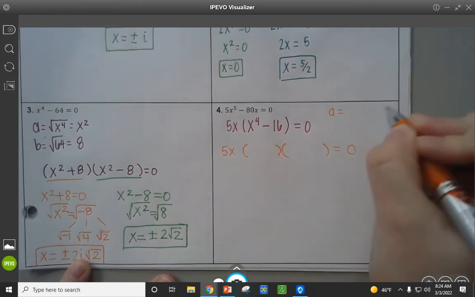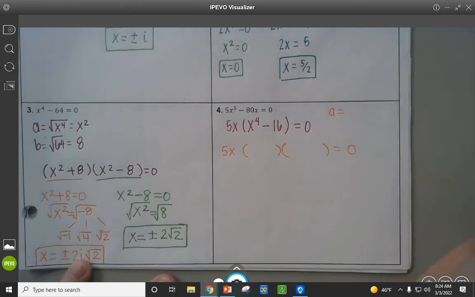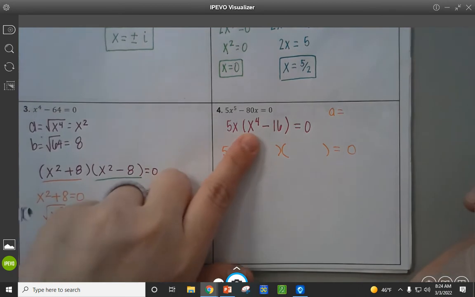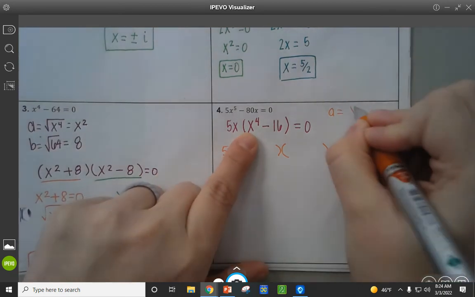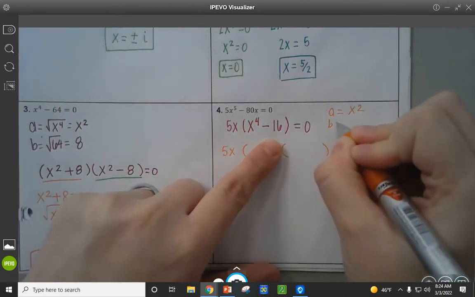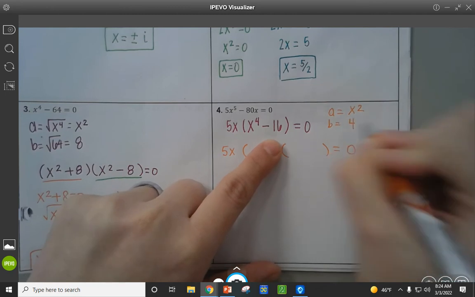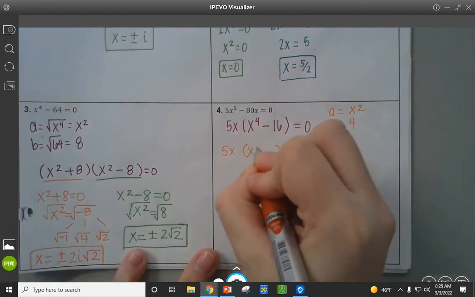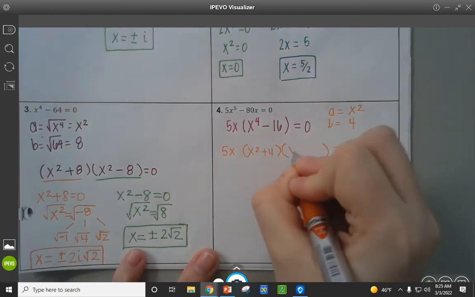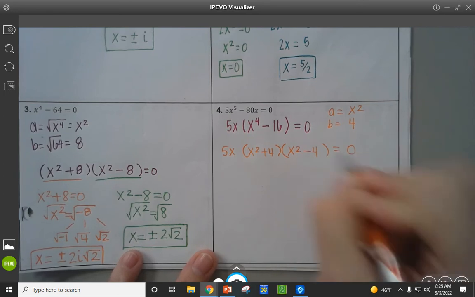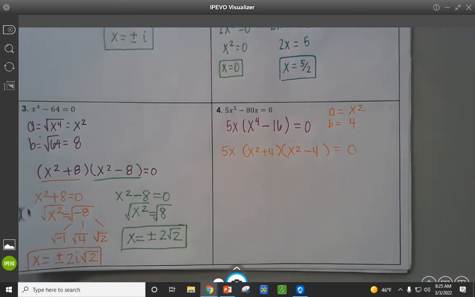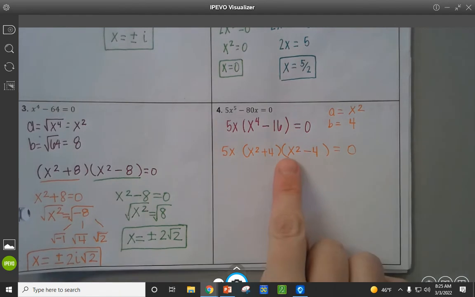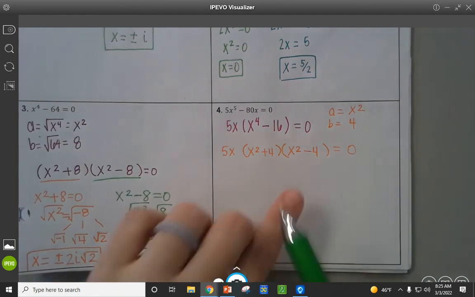So what is my a? What's the square root of x to the 4th? X squared. And what is the square root of 16? 4. So we have x squared plus 4, x squared minus 4. Do any of those factor down? Which one? The x squared minus 4.